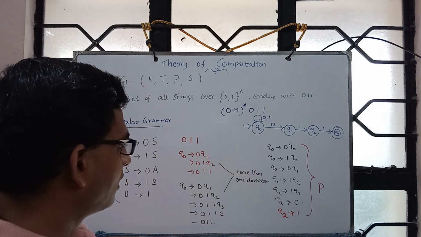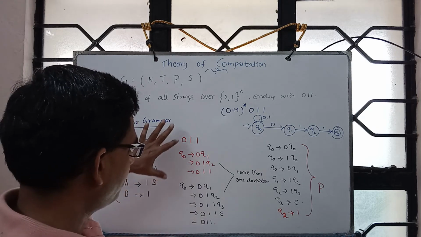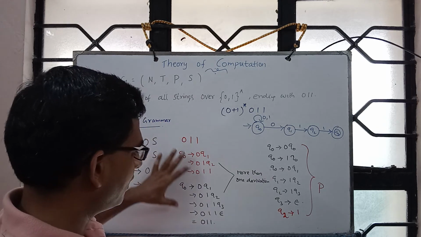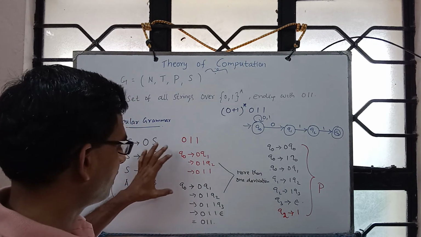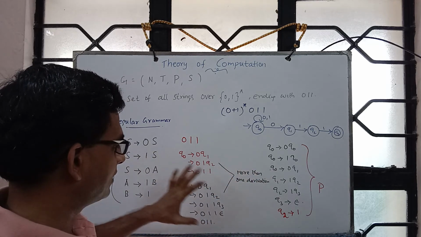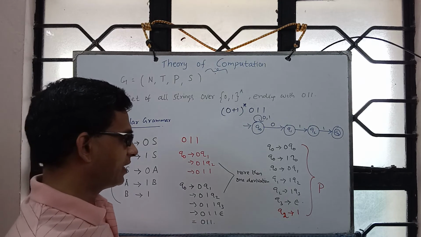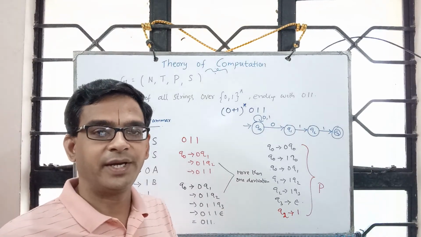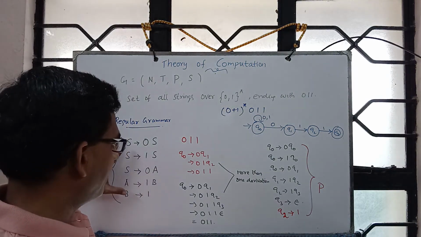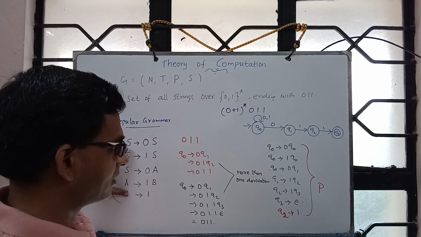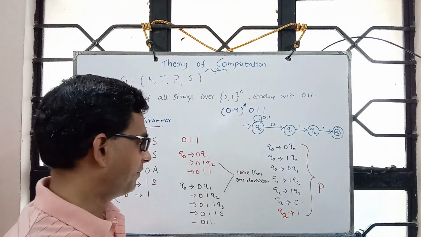So often one has to pay attention to things like this. There may be strings for which we find more than one derivation. It is possible that the given grammar has this property. The interesting question is, can we always come up with a grammar such that for any string generated by it, there is always exactly one derivation?